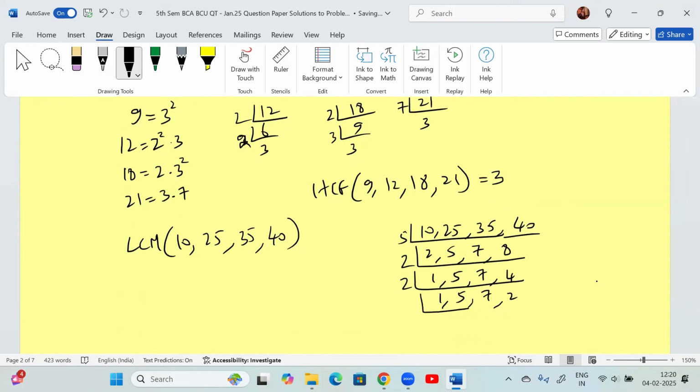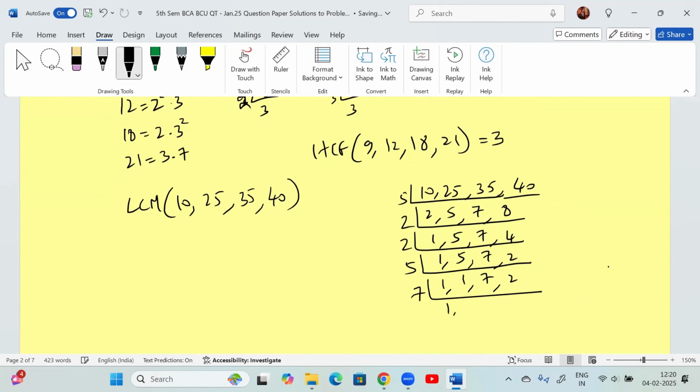Then 5 1 1 7 2. Then 7 will say 1 1 1 2. Then 2 1 1 1 1. So the LCM will be how many 2s? 2 cube. How many 5s? 5 square. How many 7? Only 1 7. So we get 8 multiplied by 25 multiplied by 7.